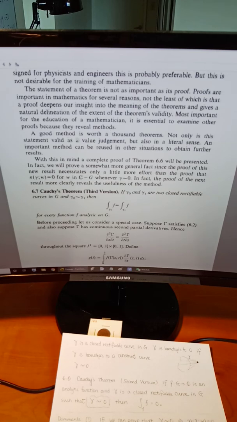Okay, a good method is worth 1,000 theorems. Not only is this statement valid as a value judgment, but also in a literal sense. An important method can be reused in other situations to obtain further results. Okay? Okay, so it's in the textbook.